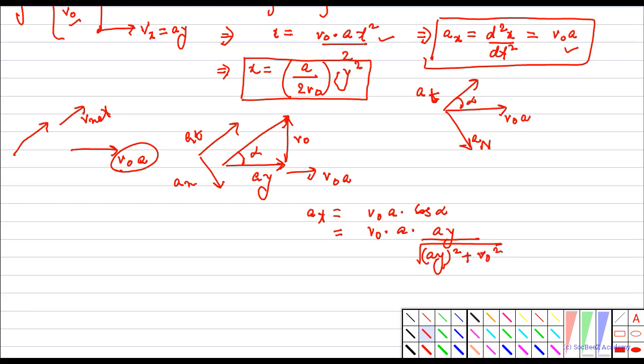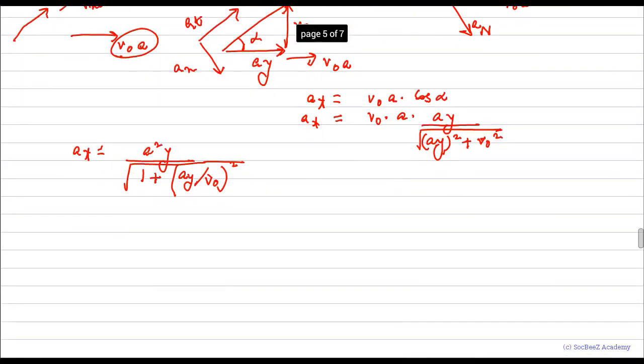So this is basically going to be my tangential acceleration. If I simplify it, I'll get AT as a square into y upon root over 1 plus ay upon v0 square.